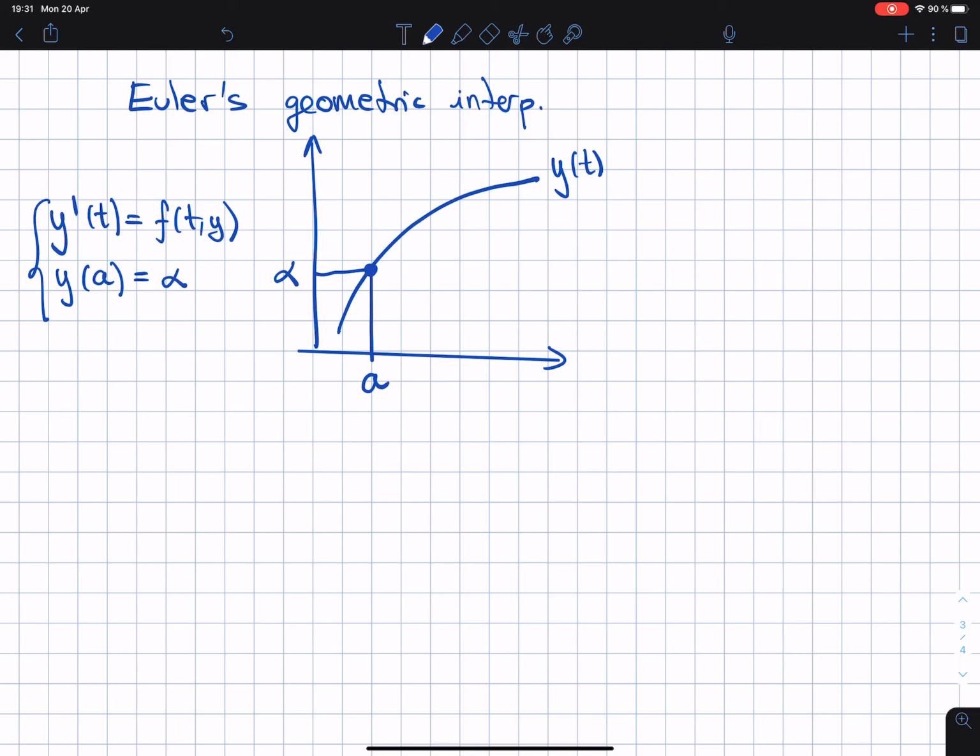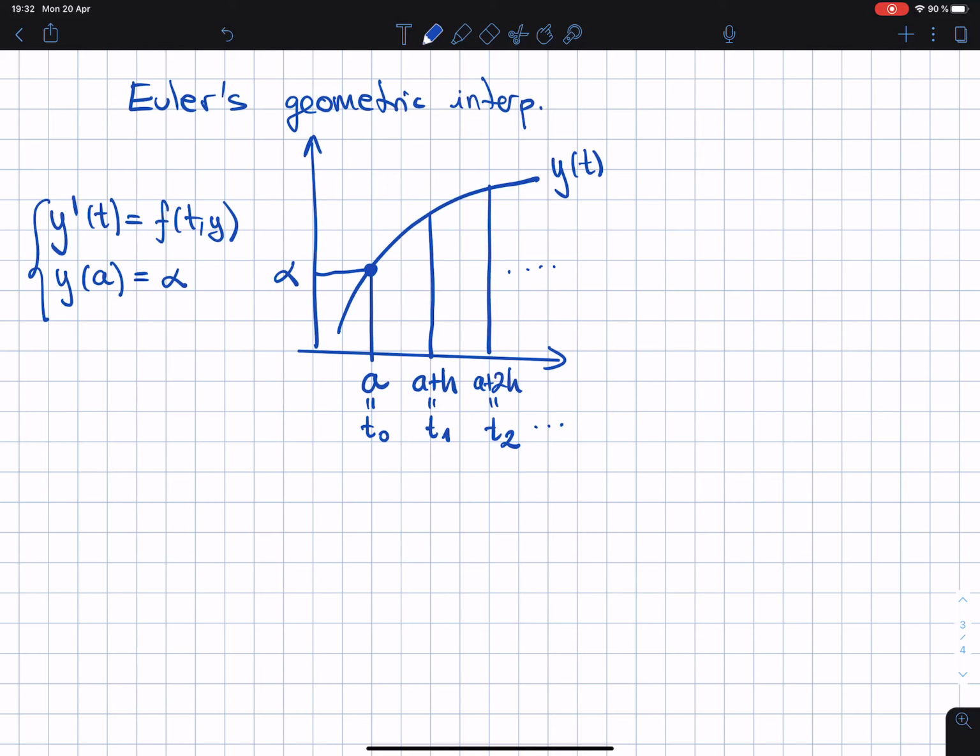What we will do is remember that we divided, this is a plus h, this is a plus 2h, and so on. So let's say I call this t0, I call this t1, I call this t2. These are the discretized points where I will try to approximate the solution.